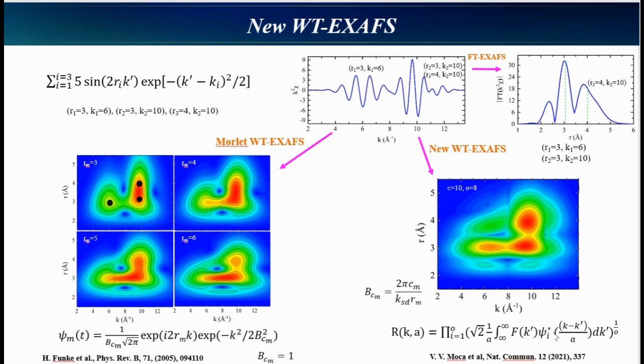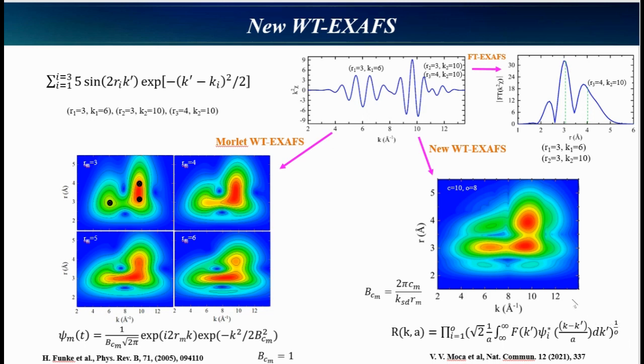The Morlet wavelet transform is controlled by Rm 3, 4, 5, 6, while the new wavelet transform EXAFS is adjusted by the number of cycles and the order of the geometric mean.